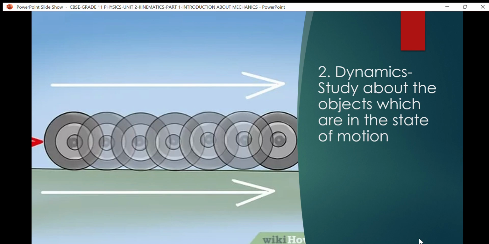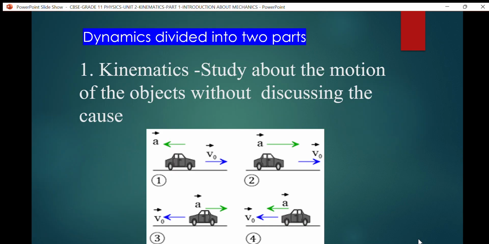And what are the characteristics of the motion. All these things are explained in dynamics. Dynamics is very vast. So again we are dividing dynamics into two parts because it is not a small branch of mechanics. Here we have to study many things.